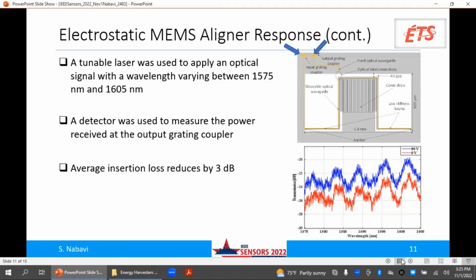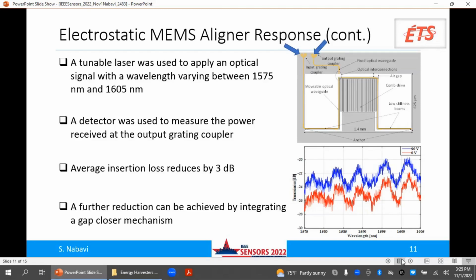The first case, shown in red, is when we didn't apply any voltage to the actuator. Once we apply 90 volts, we are removing the misalignment, and the insertion loss is reduced by 3 dB over a wide range.